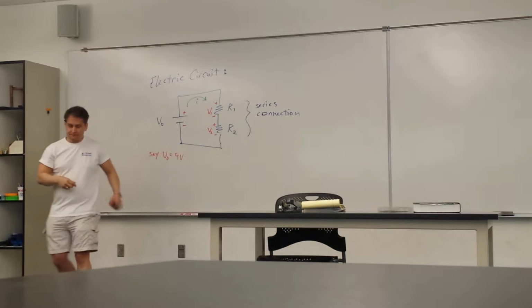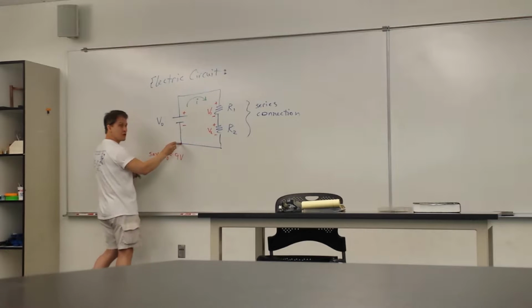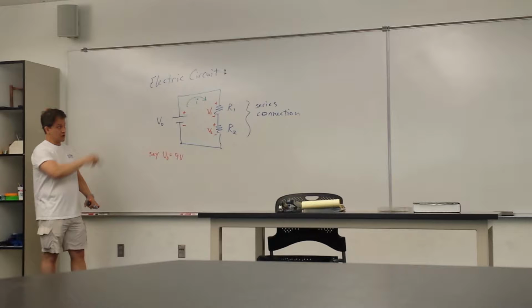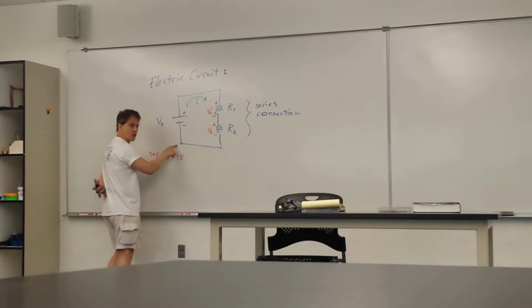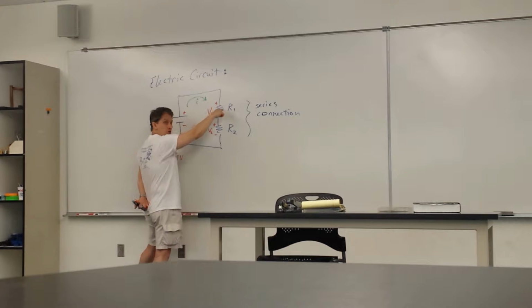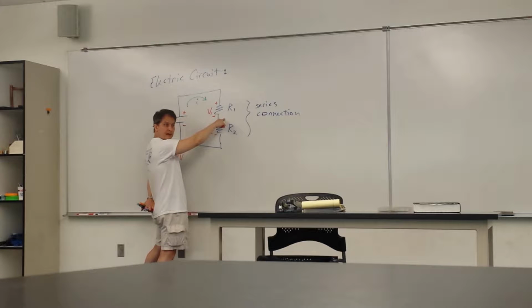Another way of saying it, if I started here and just walked my way around this electric circuit, this little loop connection, I start at some voltage, I can call it 0, whatever, and I go up 9 volts. I cross to the other side of the battery, the power supply. As I walk around, I get to the first resistor, there's a drop from that 9 volts.